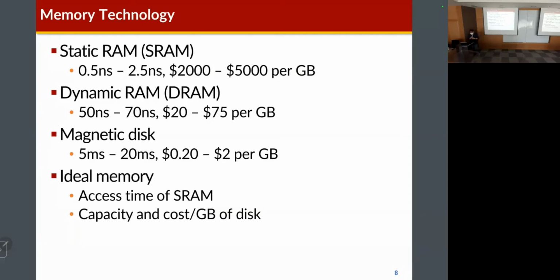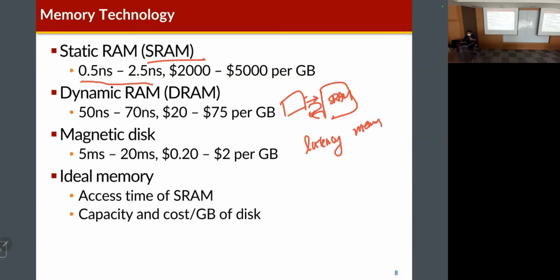For example, the SRAM is very, very expensive, but this is the typical latency of the SRAM. If a request is given to the SRAM, the memory returns the data to the processor, and this elapsed time is called the latency of the memory.